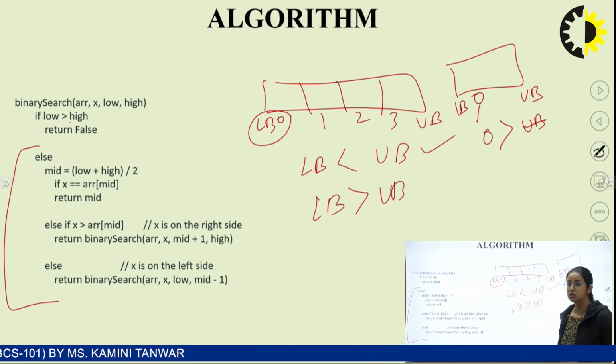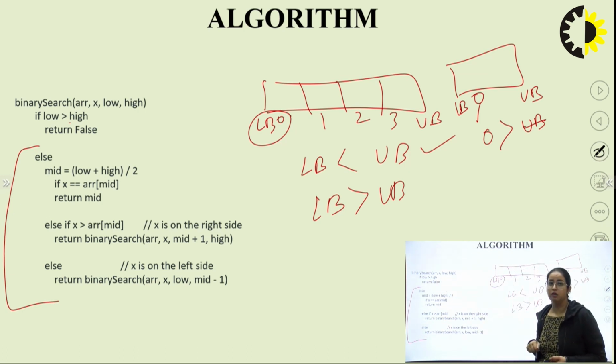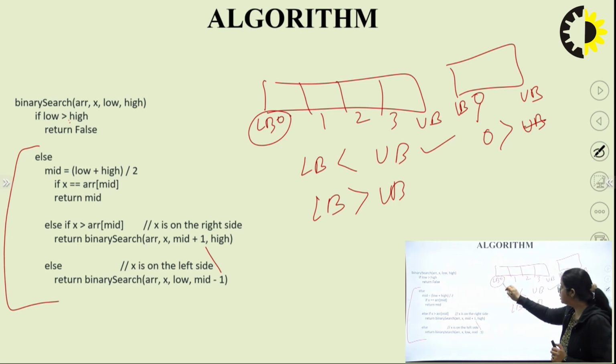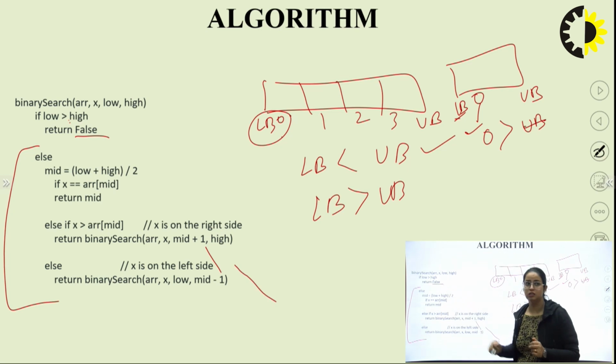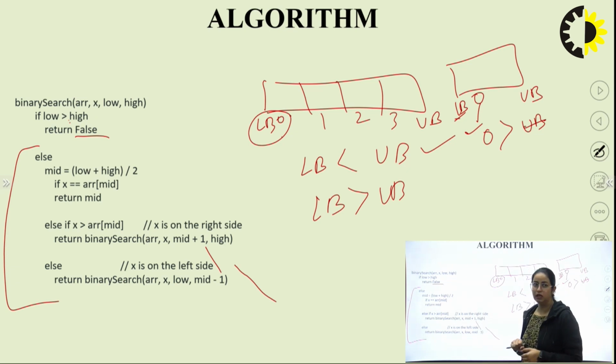The condition must be satisfied that the lower bound must be smaller than the higher bound. If the lower bound is greater than the higher bound, then we return false. That means we are not able to apply binary search over that particular array, because there is no element present in that array.